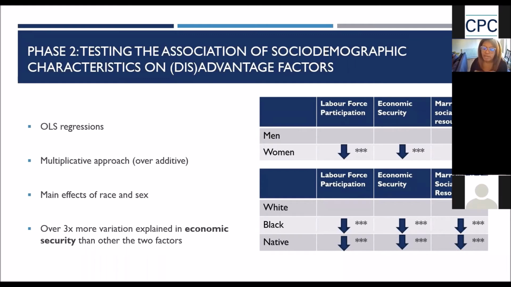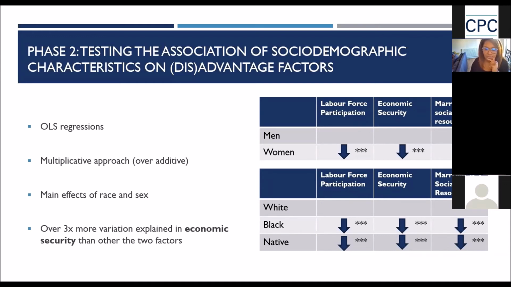And as such, the approach begins with the socio-demographic characteristics under investigation that make up the intersections, and I'm interested in race and sex. So when employing intersectionality quantitatively, it's necessary to include the categories that make up the intersections in the model, as well as the interaction terms.